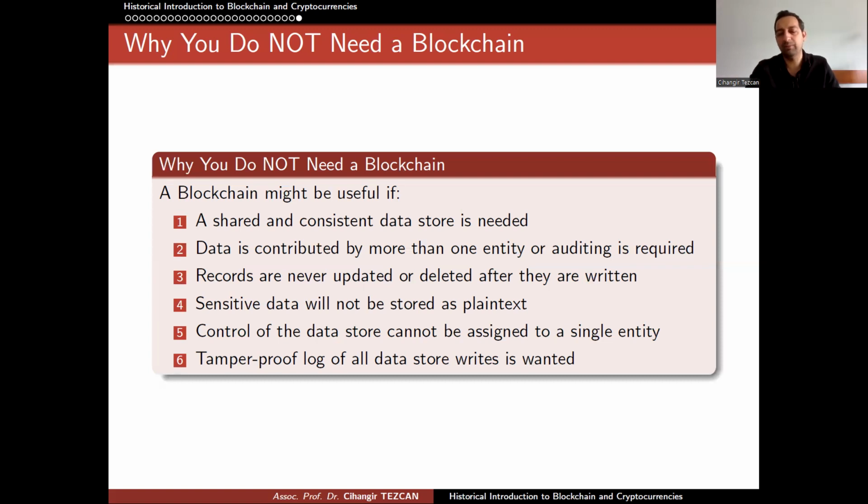So in academic papers, as I said, we see some strange claims or wrong results. So if you want to use a blockchain, you have to answer yes to all of these questions, and then maybe a blockchain might be useful for you. This should always be kept in mind.